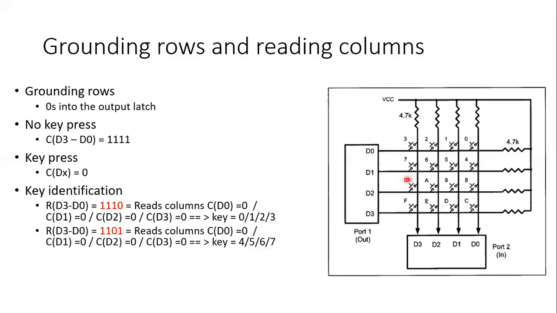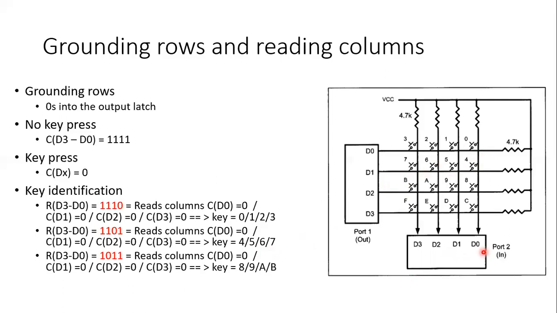Similarly, if there is no key press, again with a logic value 1 in all the columns, next we set the next bit of the row, that is D2 of the row, to 0, keeping all other bits at logic value 1. So it depends on which column we identify the key, isn't it?